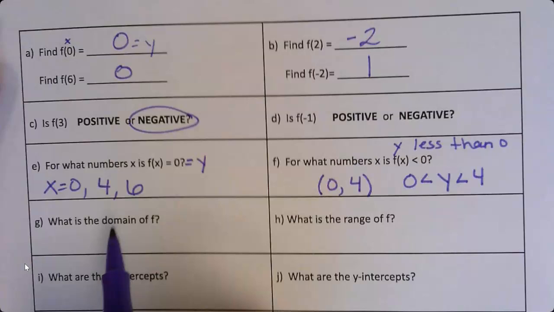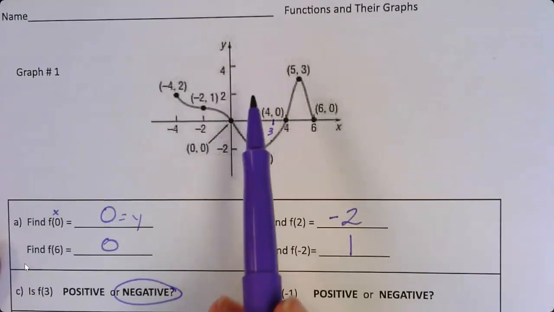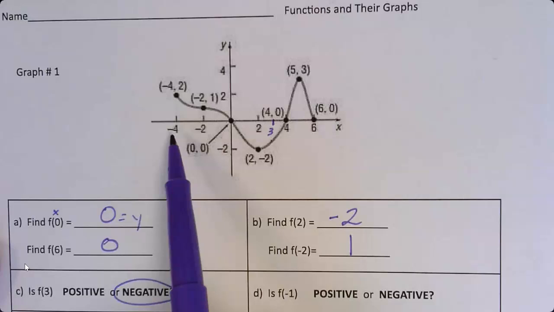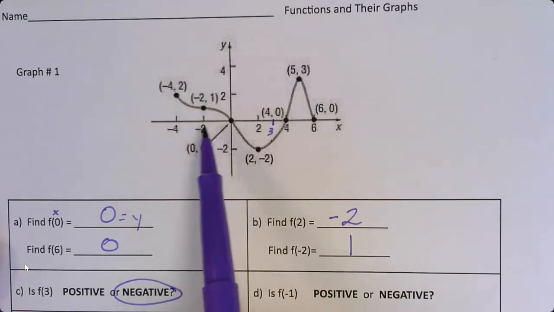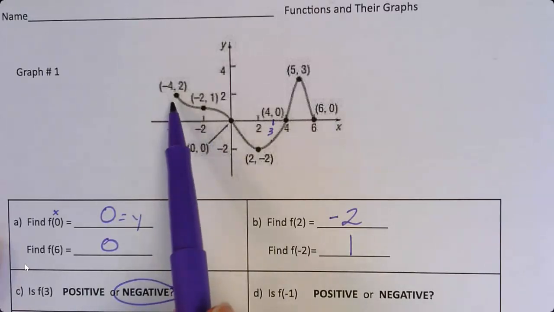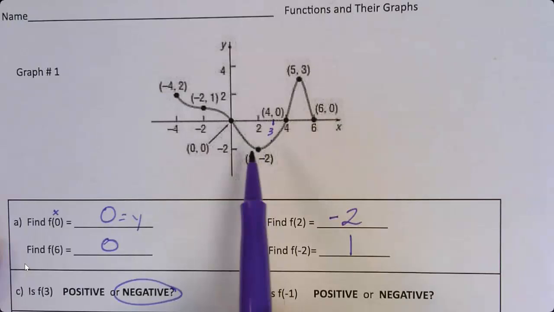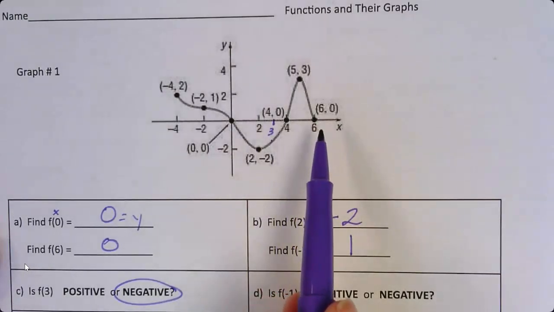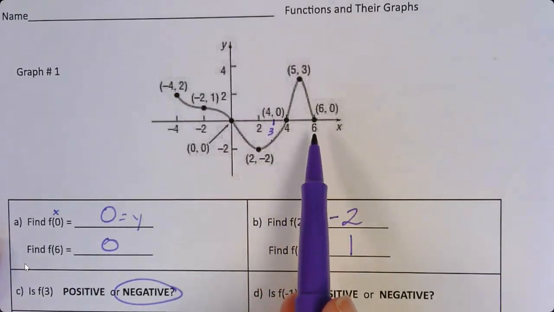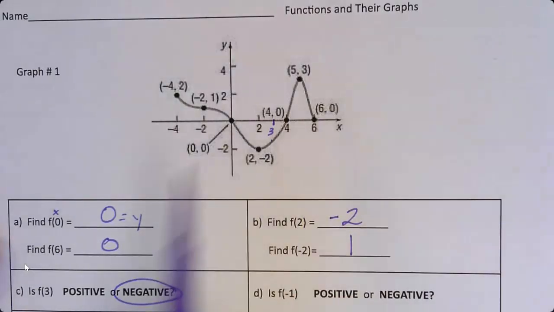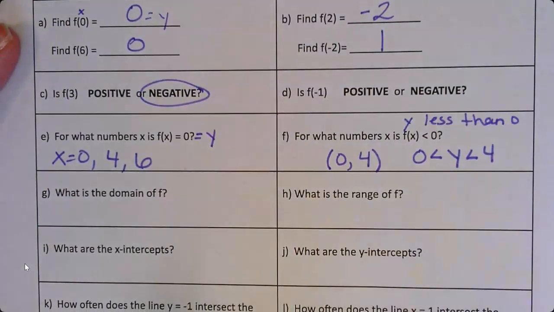Domain. So remember, these are our x values. So the question is, does my graph cover all the negative x values? Notice there's no arrow here this time, so we actually stop at -4. Okay. Do we cover all the positive x's? Well, we stop here at 6. Do we touch 0? Yes. So we can do one of two things.